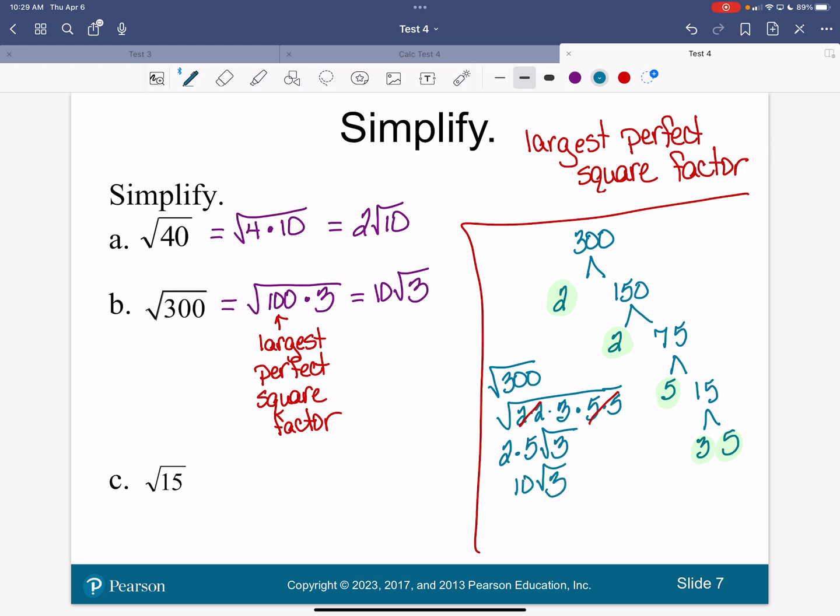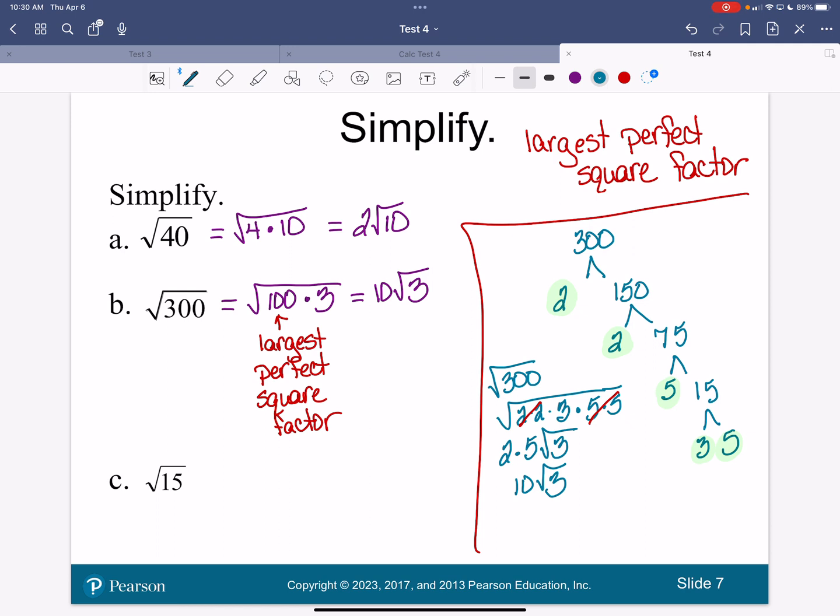In general, what students do is they look for the largest perfect square factor. This is the method that most students prefer until they can't figure out what the largest perfect square factor is. Then they do the factor tree.